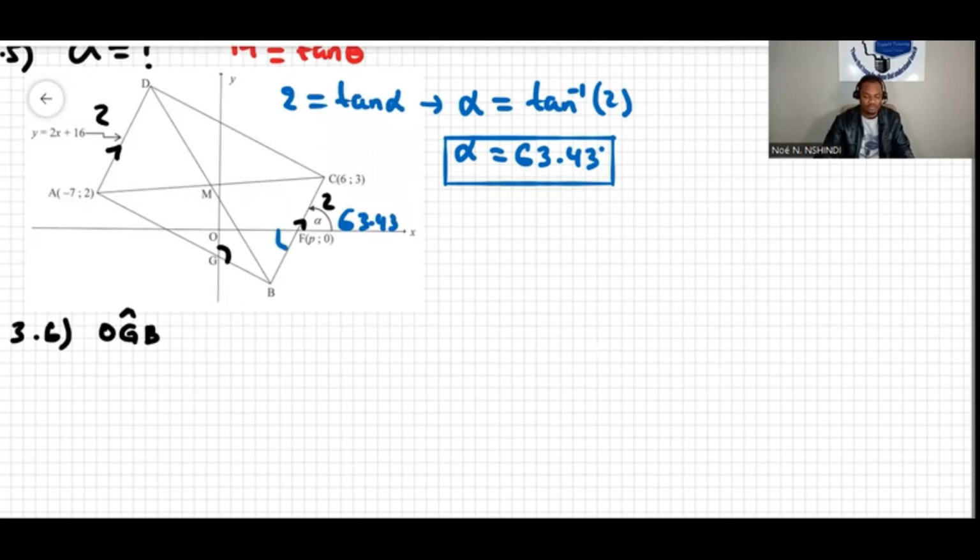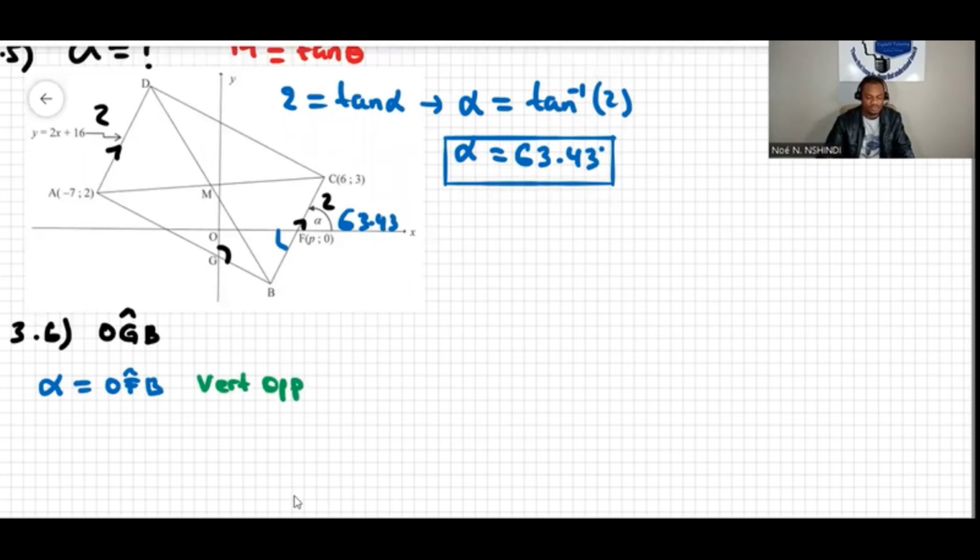I want to say here, angle alpha is equal to the angle OFB. Okay, the reason is that vertically opposite angles are equal.